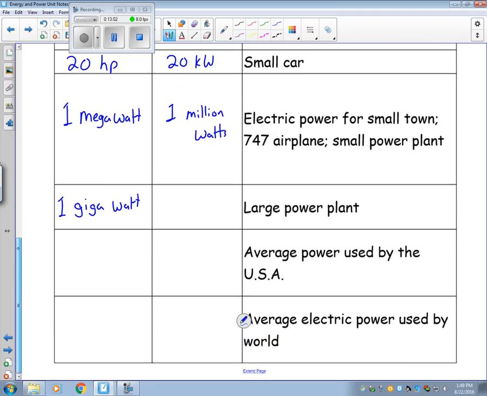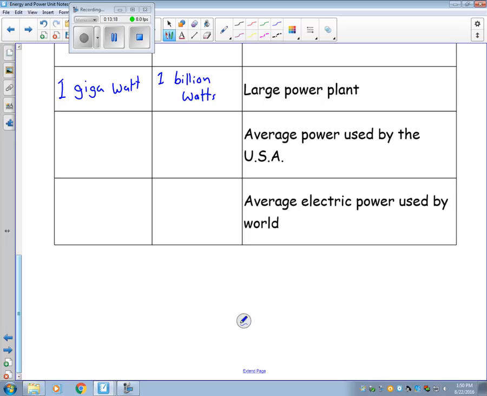One gigawatt is 1 billion watts. This would be a large power plant. So the power plant at Conesville is not quite a gigawatt, but it's definitely more than just 1 megawatt. 400 gigawatts.